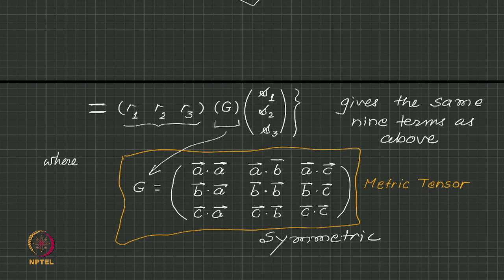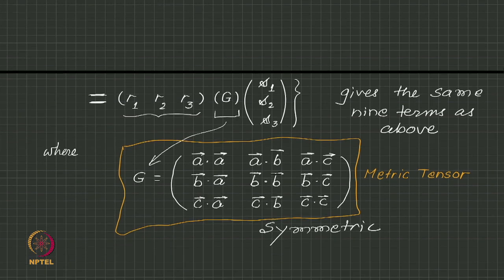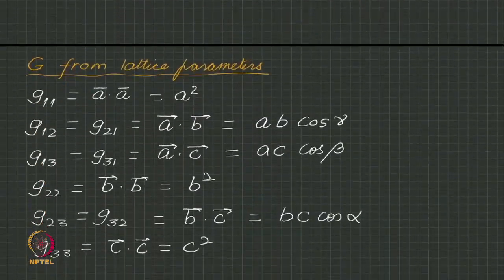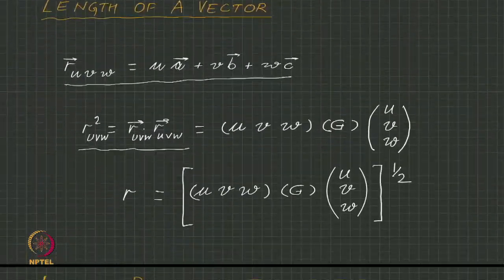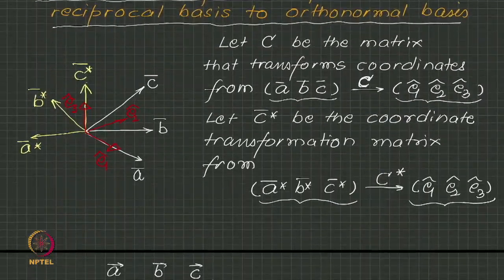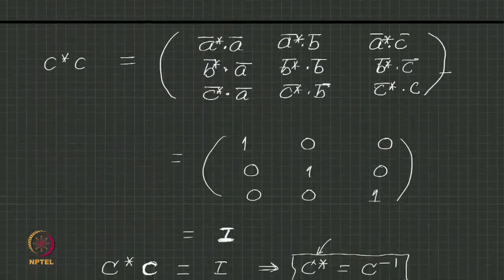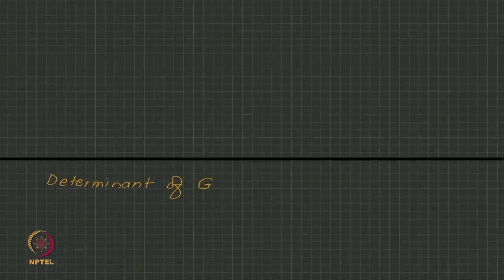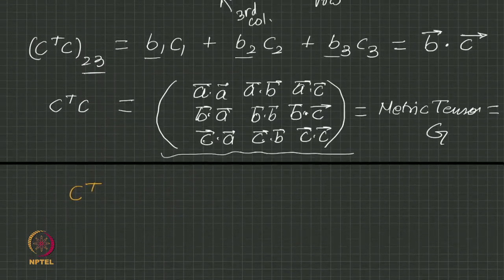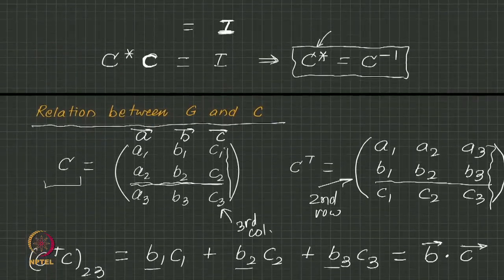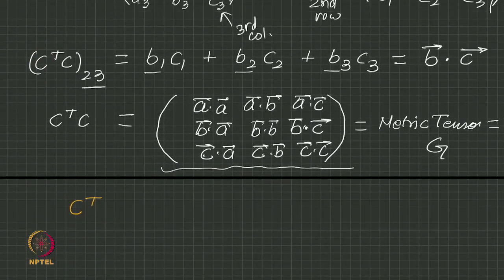So, the set of dot products was the metric tensor. C had to do something with the Cartesian coordinate system. C was taking A, B and C to Cartesian coordinate system. But now we find that if we have that transformation matrix, then the transpose of the transformation matrix multiplied by the matrix itself is nothing but the metric tensor.